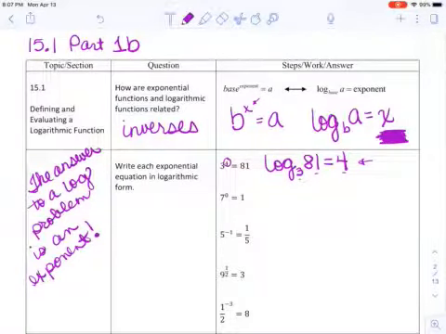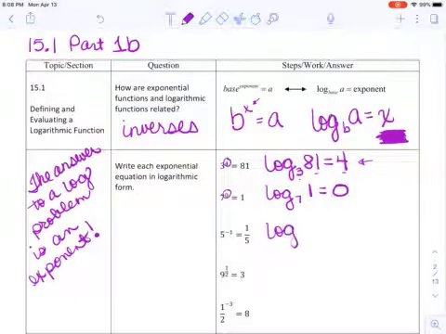Again, what's my exponent? So log base 7 of 1 equals 0. Log, what's my base? 5 of 1/5. Again, what's my exponent?